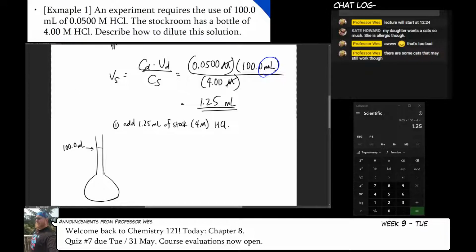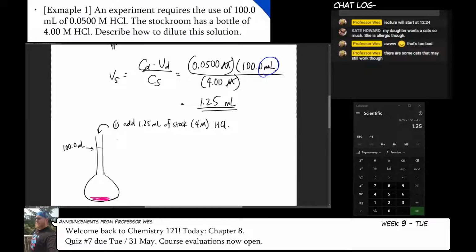Because concentrated actually means something different in a different context. So I'm going to do that, and that's going to look like this. So in it goes, and acids aren't blue, so let's make them, we'll do pink, I guess. All right, so there we go. I've added my 1.25 milliliters. It looks very concentrated, because it is.